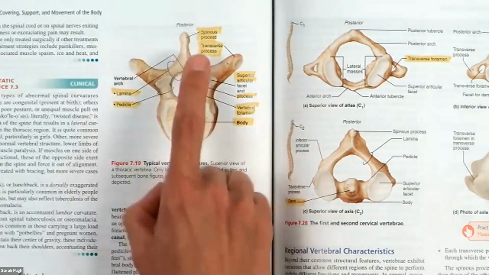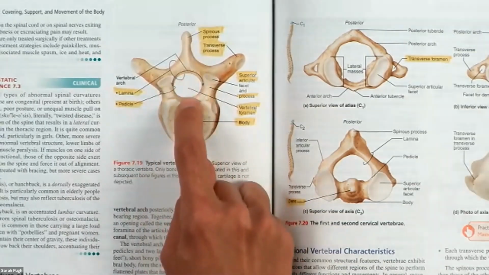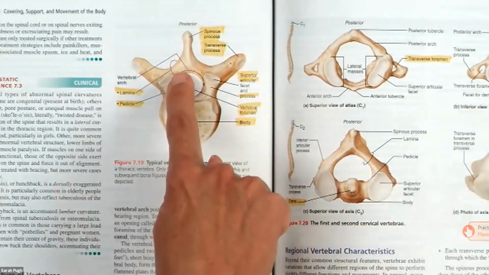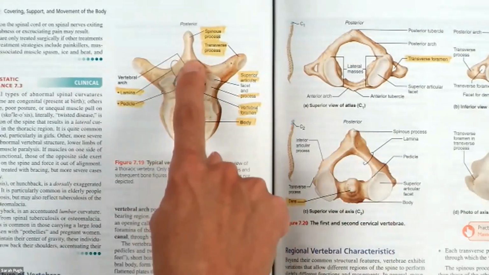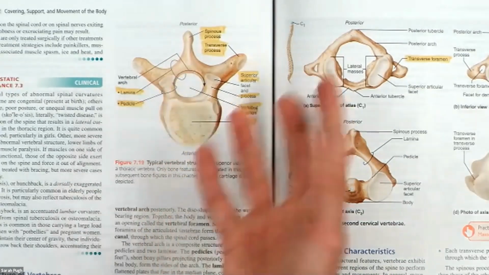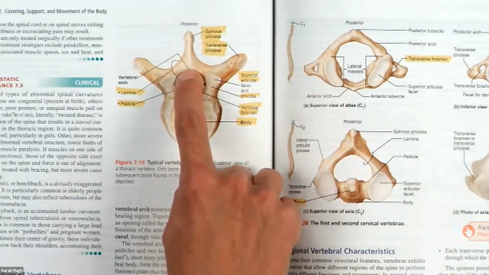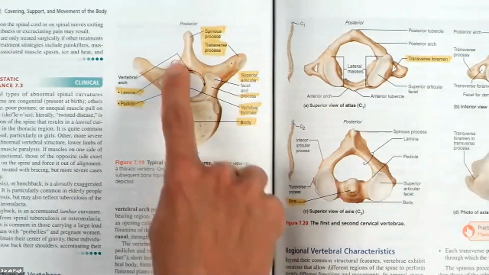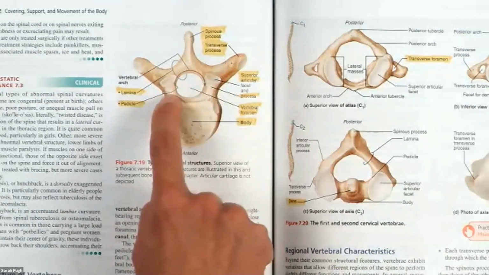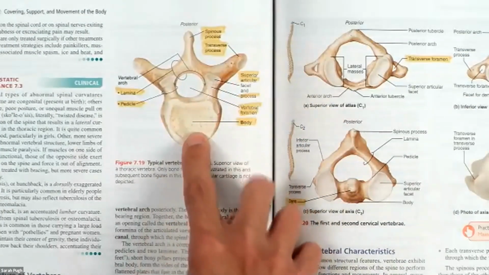A lot of times if somebody has pressure on the spinal cord, maybe they have a herniated disc or arthritis, sometimes they can actually go in and remove the lamina. They'll shave it off. And by shaving off the lamina on one side, they're just alleviating the pressure. And so you don't have the pain anymore. So that's the lamina. And then the pedicle is this area right here. It's this area of bone that's connecting all of this onto the body of the vertebrae.